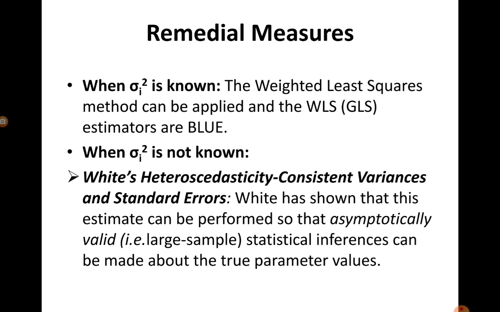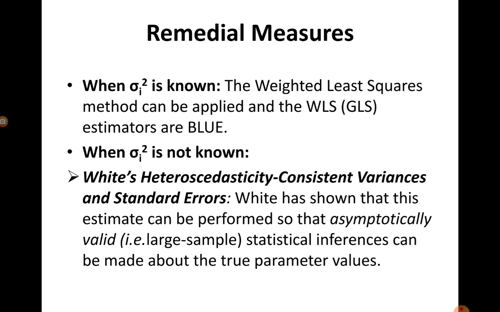So if the expectation of ui square is equal to sigma i square, we call it an equation which represents heteroscedasticity. We also had a look at the consequences of heteroscedasticity, and at different tests, formal as well as informal, for detecting it.